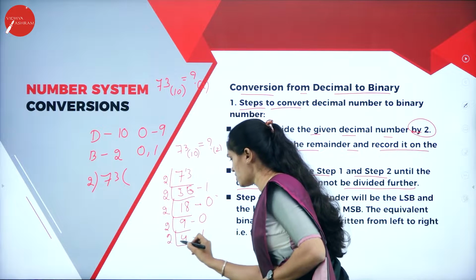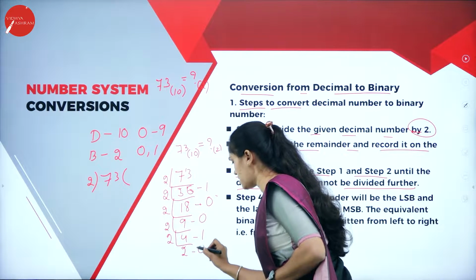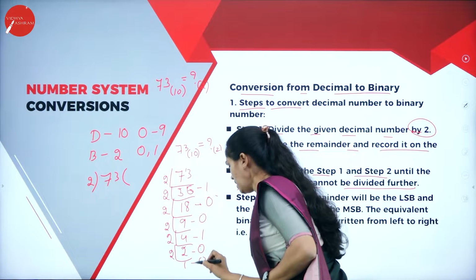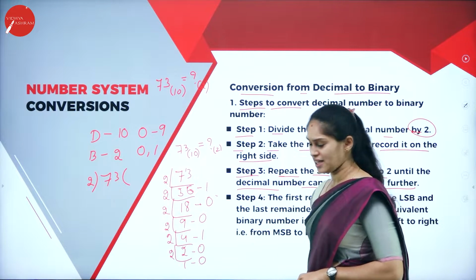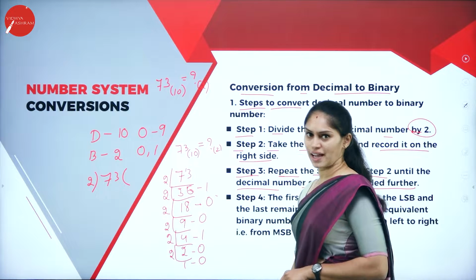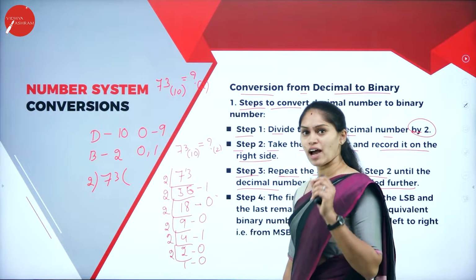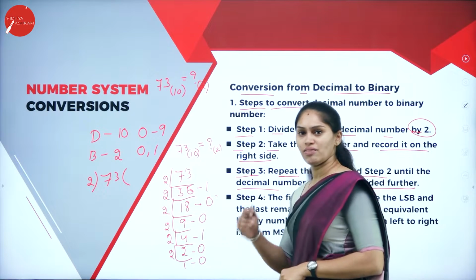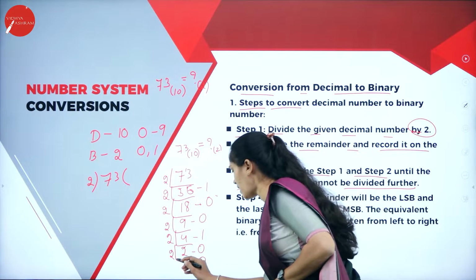Then 2 2s are 4, remainder will be 0, then 2 1s are 2, the remainder will be 0. Okay. So can I divide this 1 by 2? We cannot divide. So we have to stop the division when we cannot divide the quotient value. Then how can I write it?